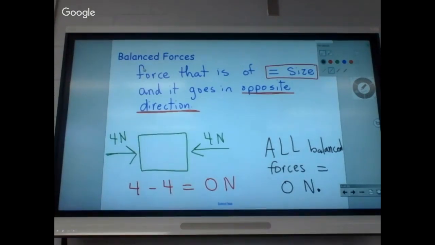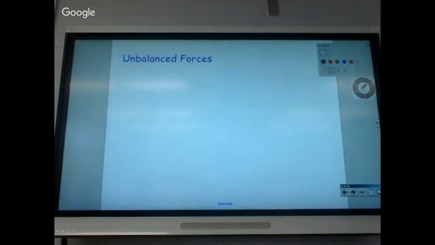Yes? Okay. So the opposite of balance, to finish our day, is called what? What's the opposite of balanced? Unbalanced. And that's where we'll finish for the day, to talk about unbalanced and we'll be done. So what does it mean to be unbalanced? They're not equal.